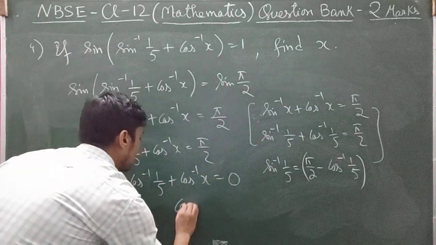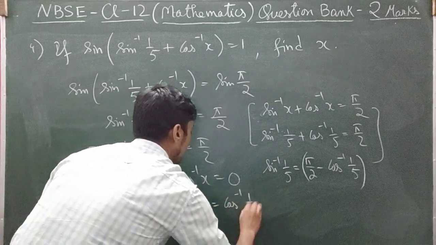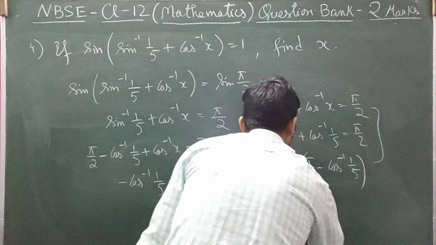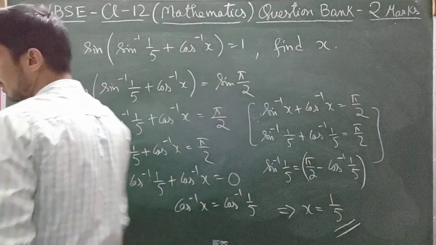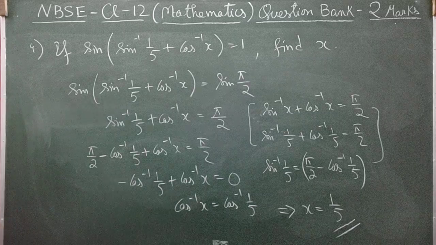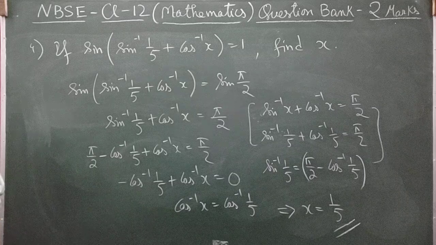So that of course can be written as cos inverse x is equal to cos inverse 1 by 5. That implies x value is 1 by 5. So our job was to find out the value of x, that is equal to 1 by 5. Okay?